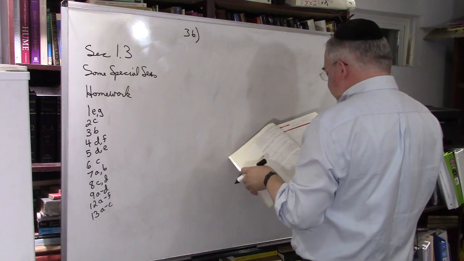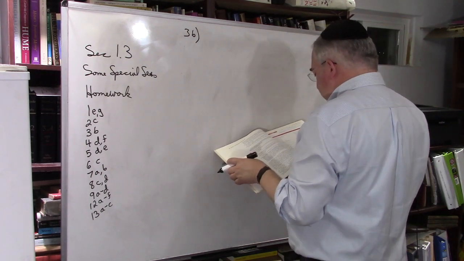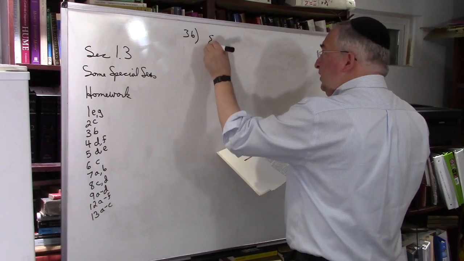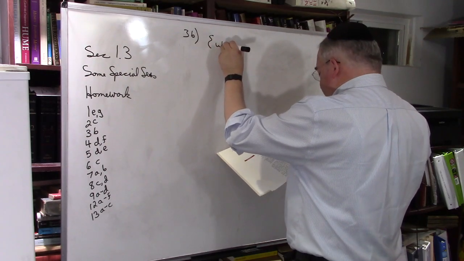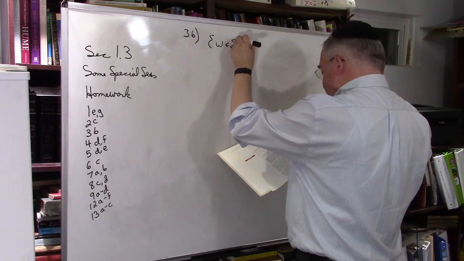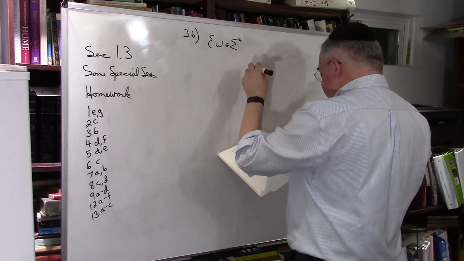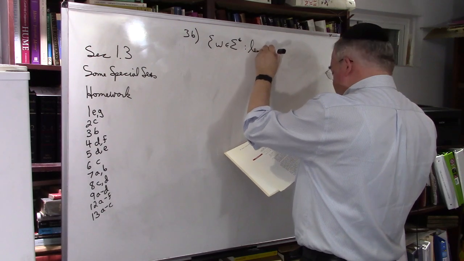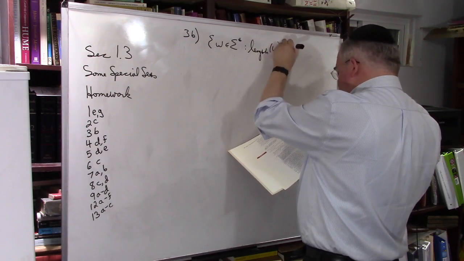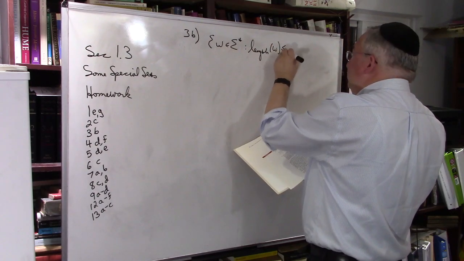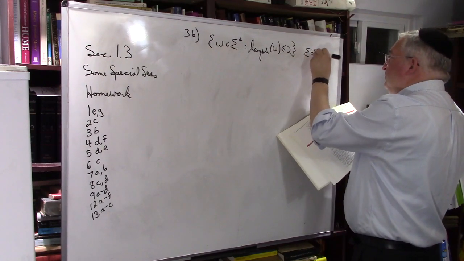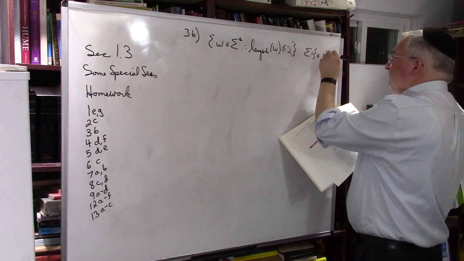List 5 elements. W, a member of sigma star, where sigma equals A, B, such that the length of W is less than or equal to 2.